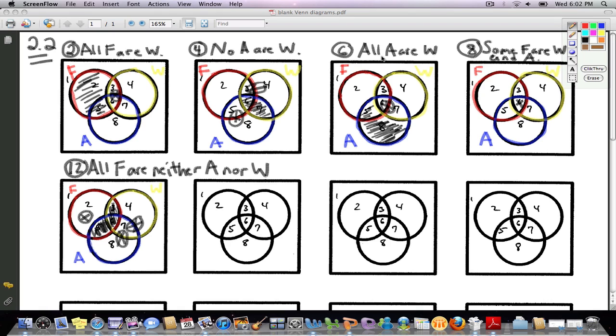All right, we have another A claim here. Our A's are 5, 6, 7, and 8, as I talked about with the last problem. If all the A's are W, I can't have anything in either 5 or 8, so I shade that out. That's it for the modern interpretation, but here we're to show the existence assumptions that are part of Aristotle's interpretation, and that then would be that we have something in either 6 or 7.